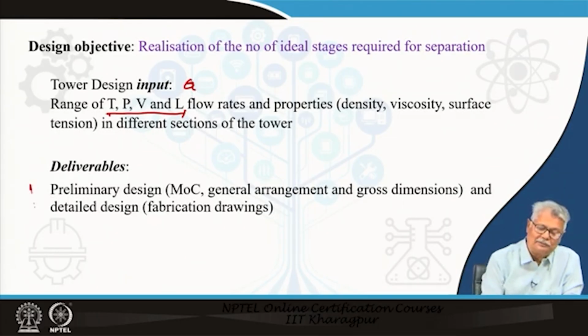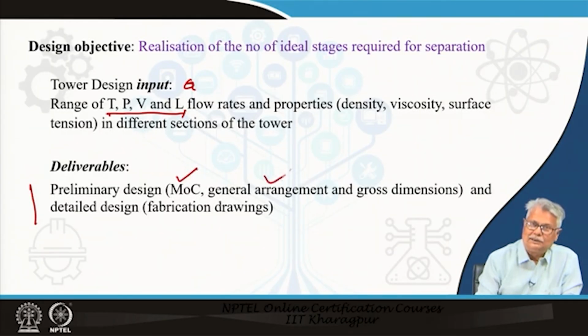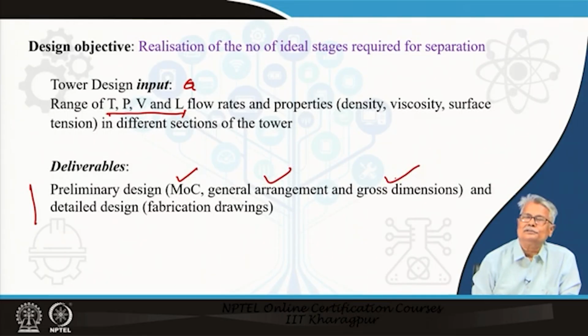Initially you deliver a preliminary design which consists of material of construction, general arrangement and the gross dimensions. The gross dimensions to start with will be the total height of your tower and its diameter.